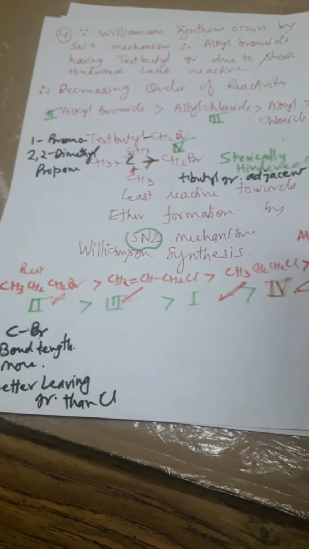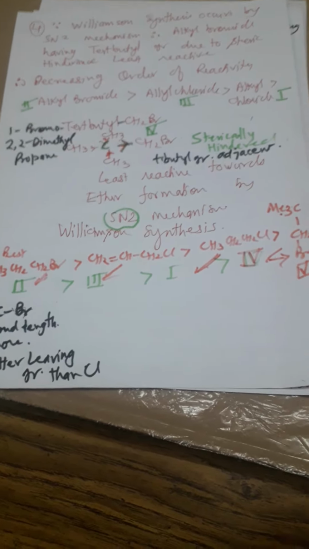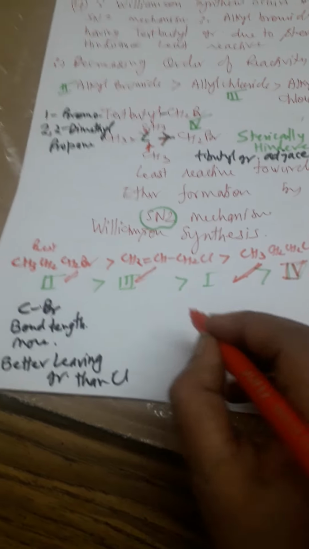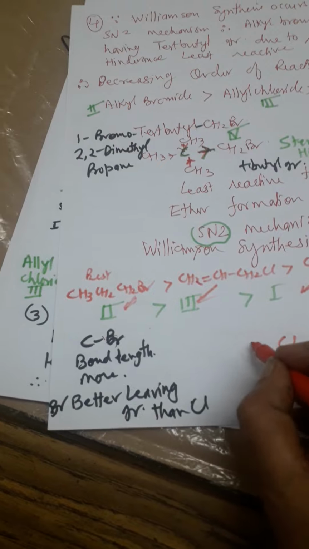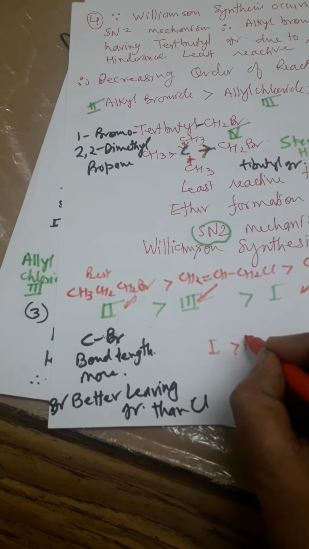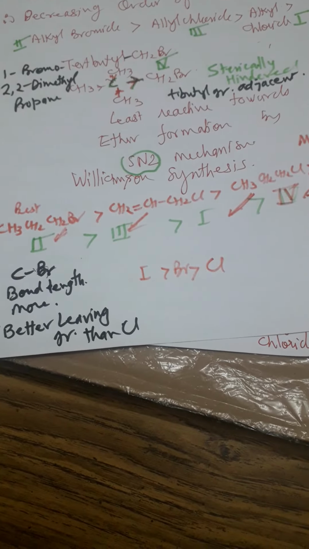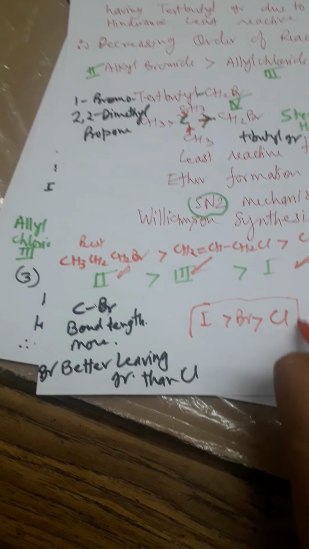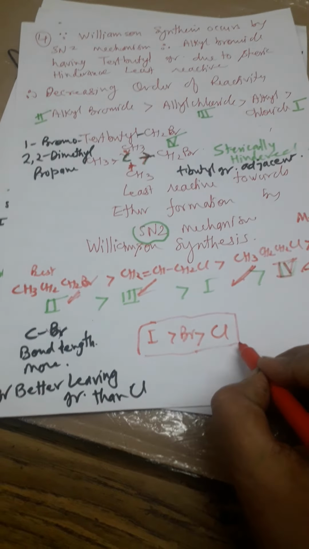Remember these points. They can give you iodide instead of alkyl bromide also. At that time, what you have to see is that I is a better leaving group as compared to Br, and Br is a better leaving group as compared to Cl. So keep this in mind also. We will discuss it later on.